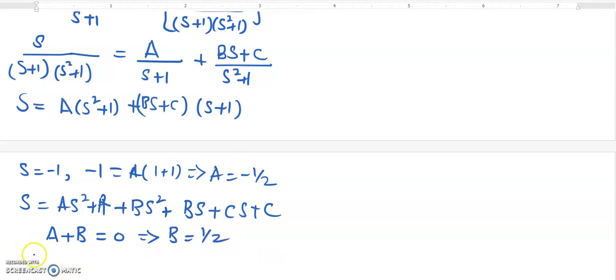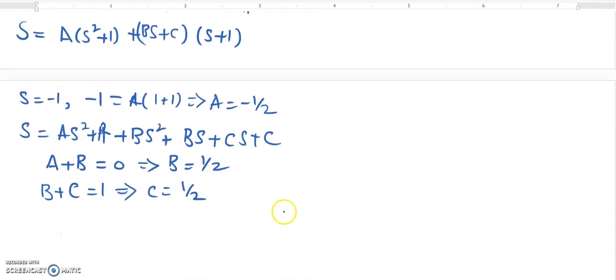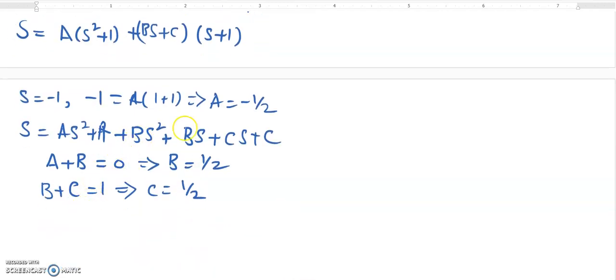And then if we compare the coefficients of s, B plus C is equal to 1 because there is s over here, so C will be equal to 1 minus B, 1 minus 1 by 2 is 1 by 2. Now since we already know all the coefficients, we can use them, or alternatively verify.